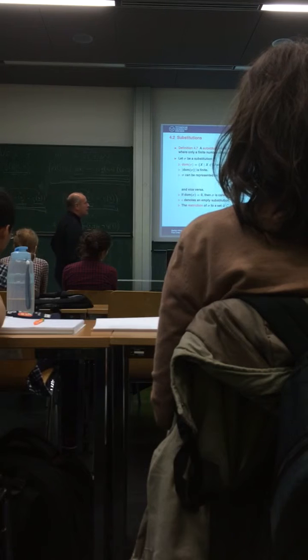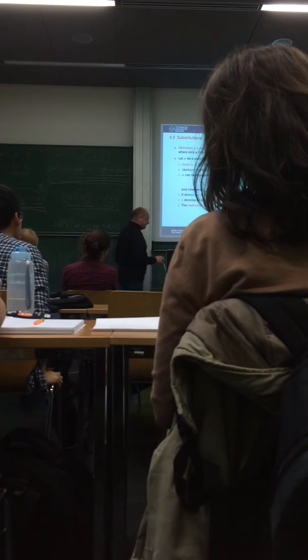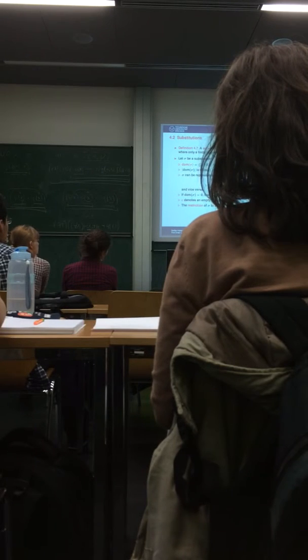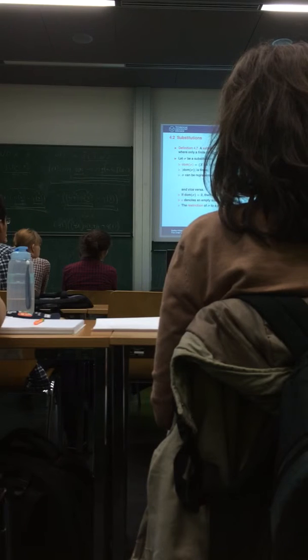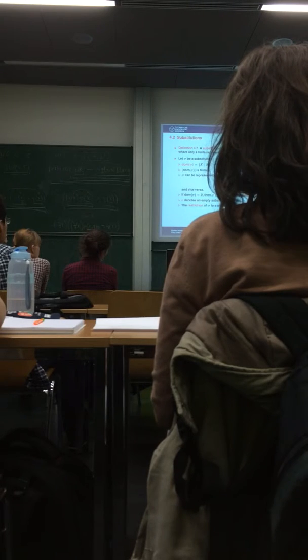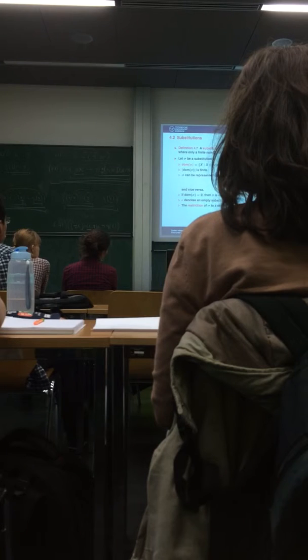Now, because of the condition, there's an easy way to represent substitutions. You do not represent them as an infinite list, because we have infinitely many variables. You could think of an infinite list where you put the variable and the term to which the variable is assigned. This would be very difficult to handle on a computer.